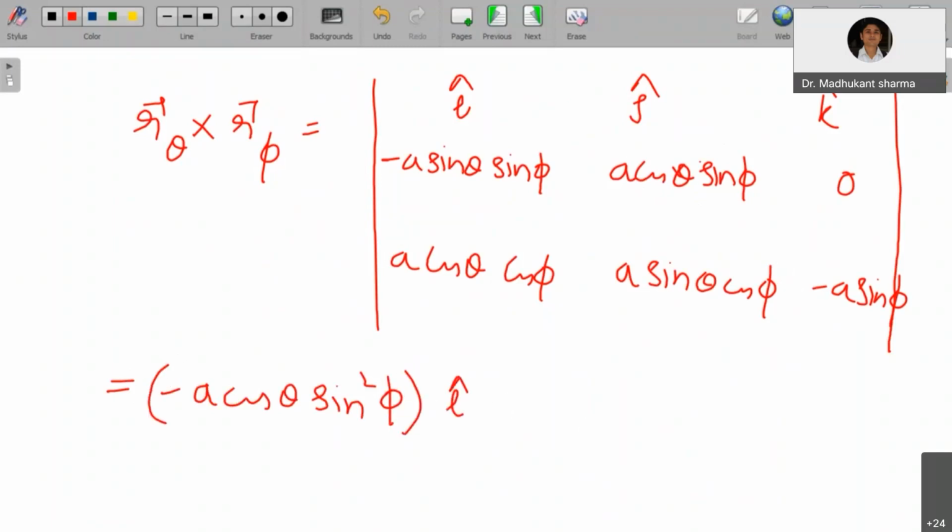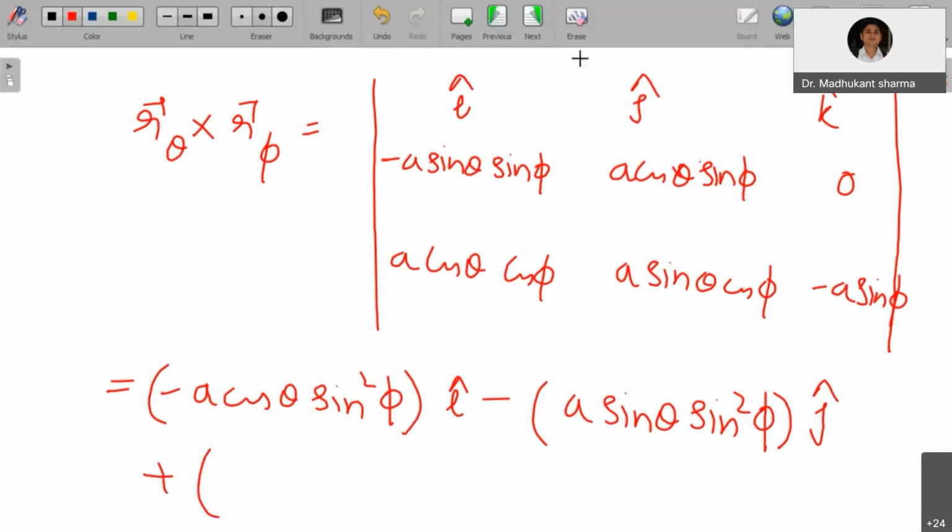The j cap is a sine theta sine square phi minus 0, so j cap.